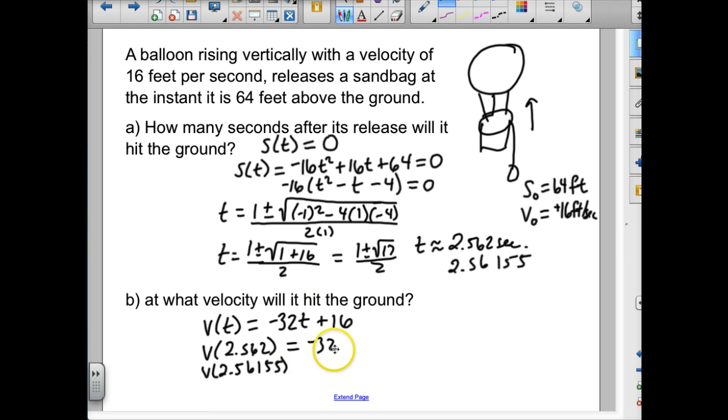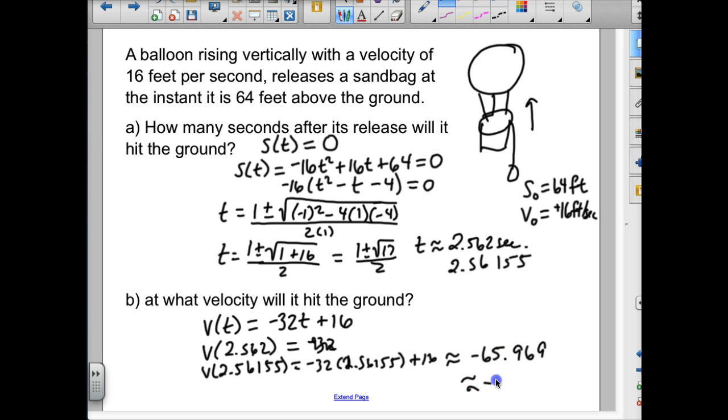So negative 32 times 2.56155 plus 16. Or it's even better if you just keep that value in your calculator and use your answer button. So I would do negative 32 times answer plus 16.